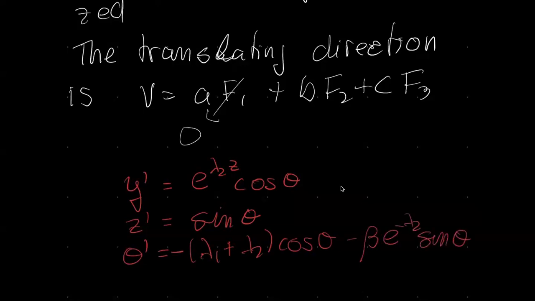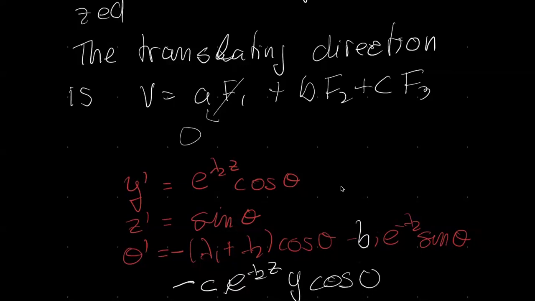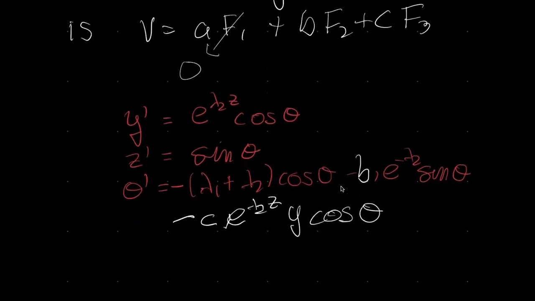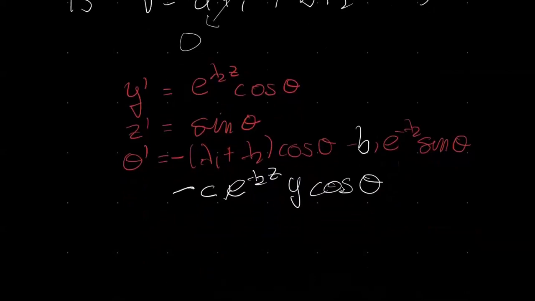I hope I'm not making a mistake here. This theta is b, sorry. This is b plus c e lambda 2 y cosine of theta. Maybe making a mistake here, but somehow to study F1 invariant solutions, you want to study this system of ODEs.